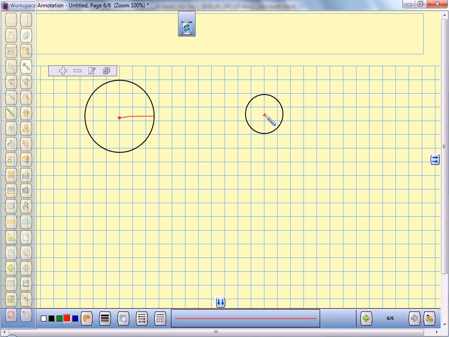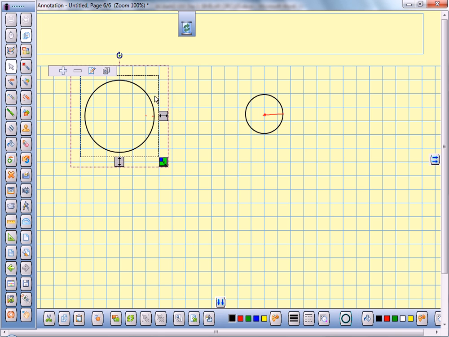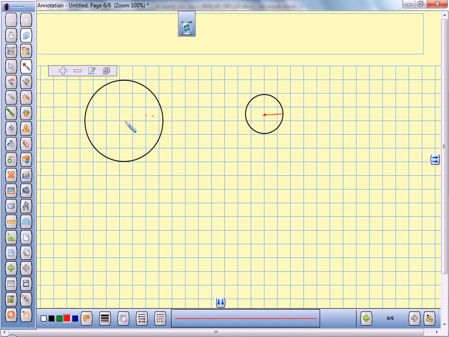I think that's not a circle. Maybe it's the angle that you're at. See, these two lengths should be the same, and they don't look the same to me. That one looks good. All right.